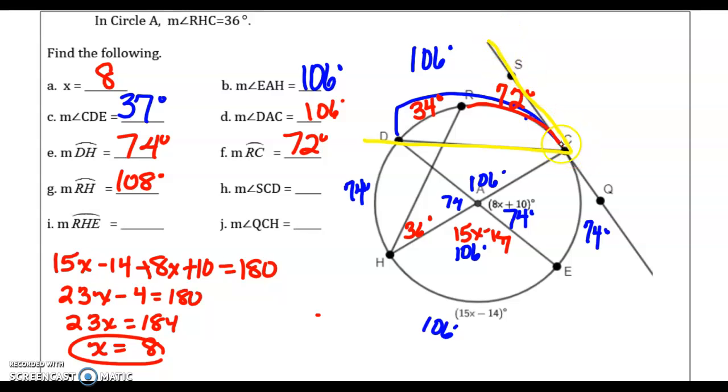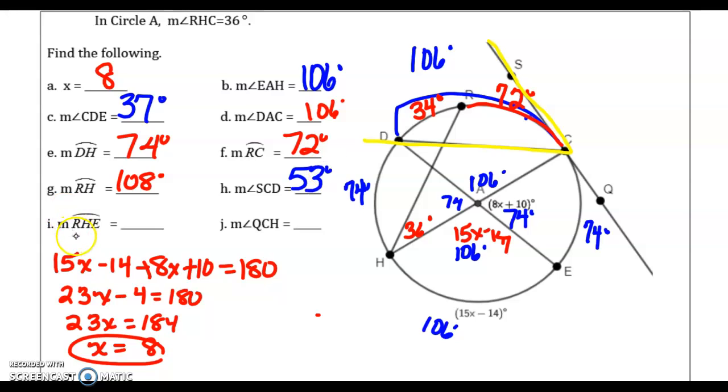It's just made up of a tangent and this segment or secant. And so we need to know that this whole arc that it intercepts, we said earlier, was 106. So its measure is going to be half of that, which is 53.